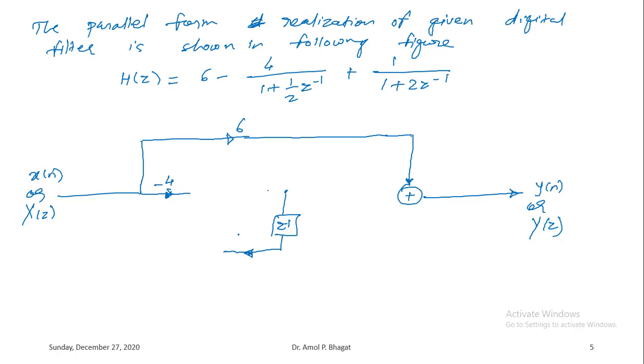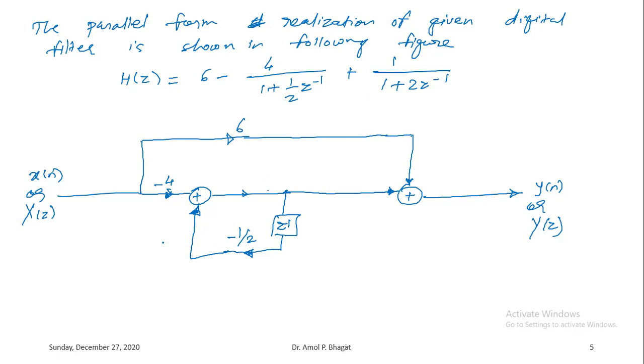Here plus 1 by 2 is there, so I will be multiplying it with minus. Okay, in denominator terms the coefficient sign should be changed. So this will be added here, right? And this complete term will be added in this adder, right? So this is nothing but minus 4 upon 1 plus 1 by 2 z inverse, right?